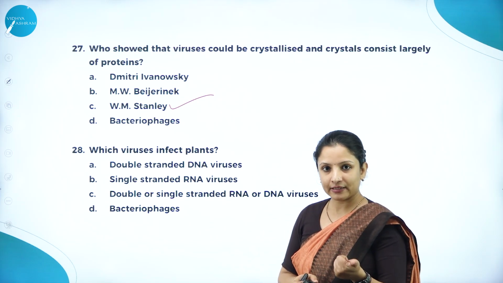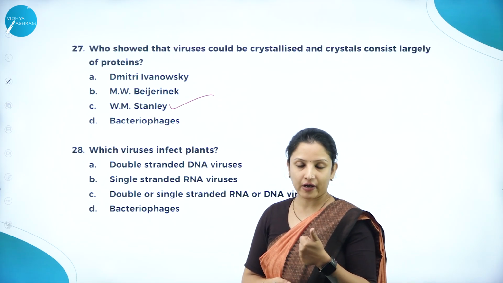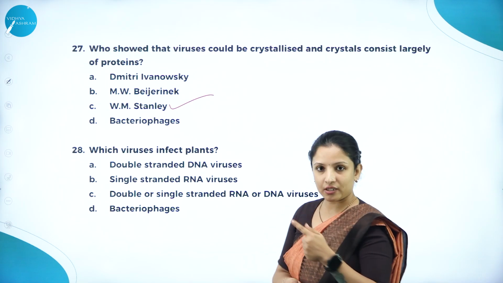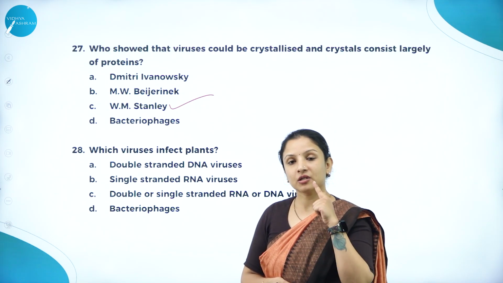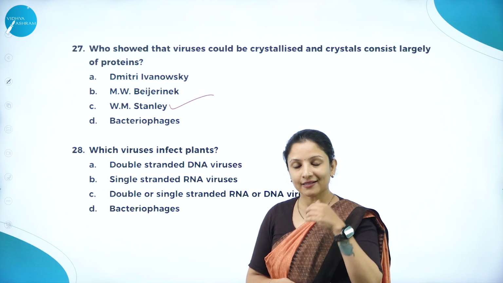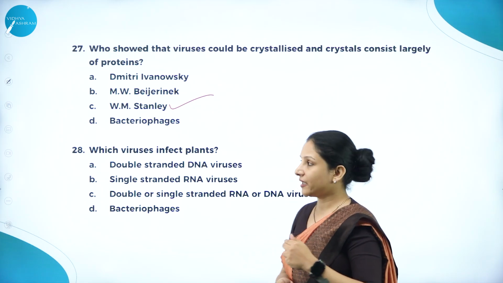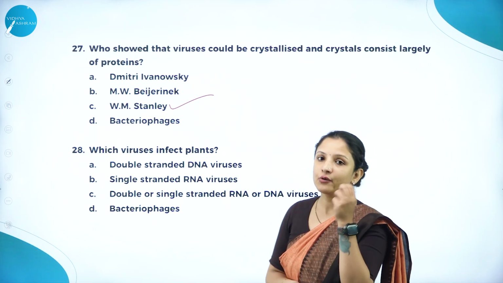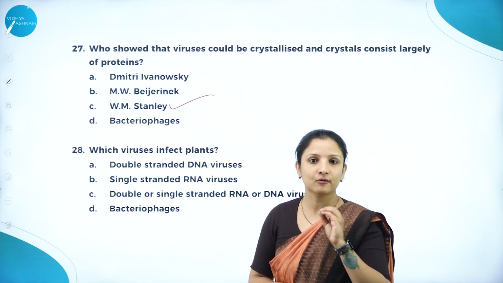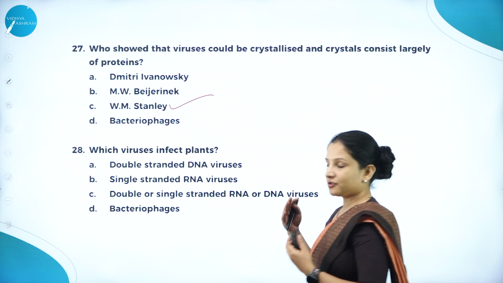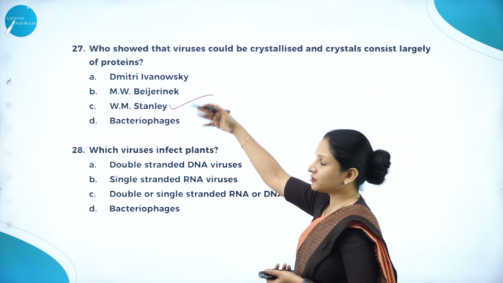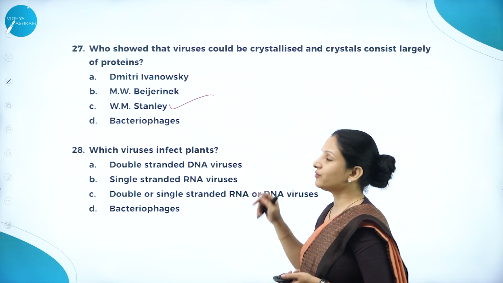So W.M. Stanley found the crystallized nature of virus, and Beijerinck found that the extracts of a virus-infected plant are capable of causing disease in a healthy plant. And Dmitry Ivanovsky was the first person to find out tobacco mosaic virus. So it's quite confusing, you have to take care. All these 3 MCQs are also very important.